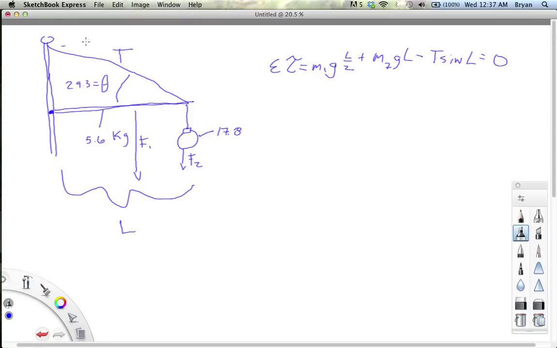We divide this up into what we call Ty and Tx. You probably remember this from forces and how you can divide them up into vectors and all that fun stuff. So we know this bottom part is pushing down, but this Ty is pushing up. So that torque is pushing up, and that's why you have to do T sine of L.